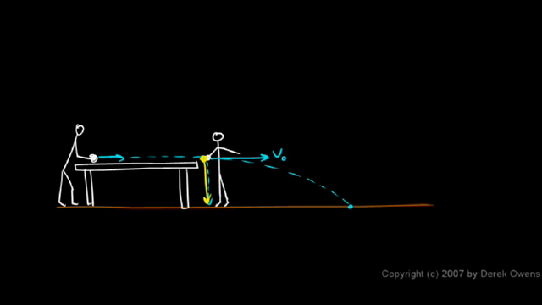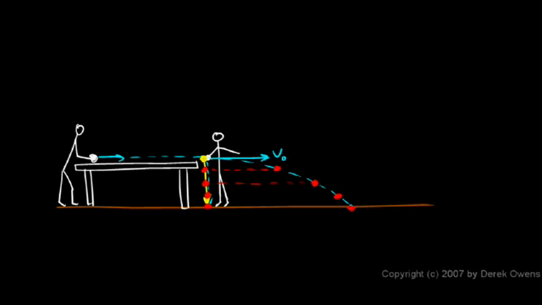They both start at the same position, and then after this one has fallen a little bit, this one will be over here. And then when this one has fallen to this point, the one that was moving to the right would be about there. And they would both be at the same height above the ground at any given time, and they would both hit at the same time.